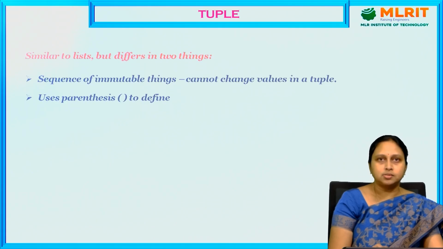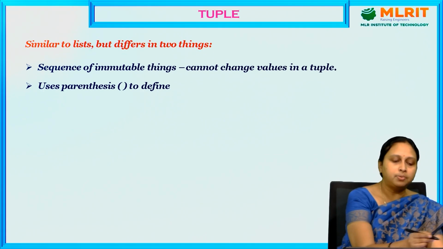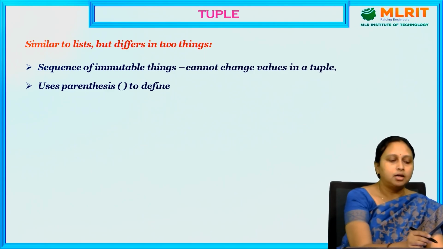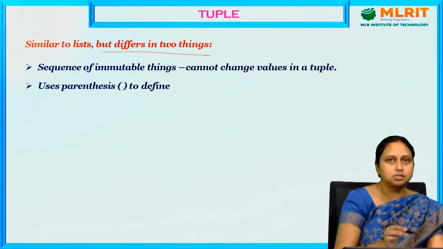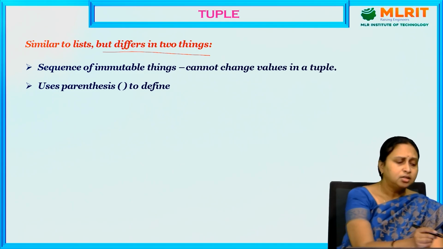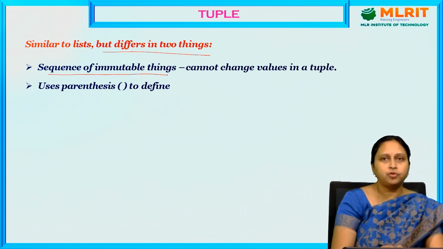Let us see what a tuple is first. Similar to a list, the tuple is also a data type, but when you compare it with a list, the tuple differs in two things. Let us see the differences between a list and a tuple. A tuple is a sequence of immutable things.